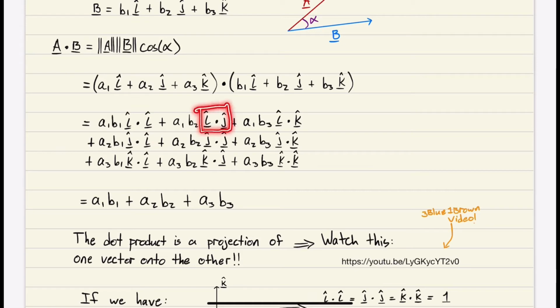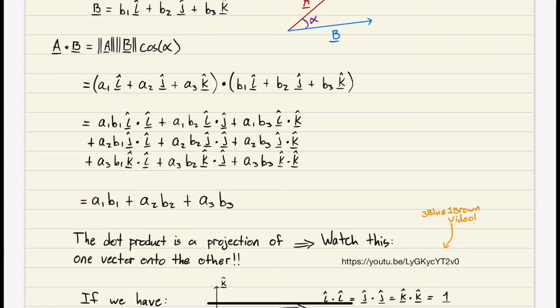I hat dotted with J hat, well, I and J are normal to each other, right? They form a right angle with respect to each other, so this whole term is going to be 0. I hat dotted with K hat, I and K are normal to each other, so this goes to 0, right? And if you go through this all, we'll end up with this term and this term, and that's what we have right here, A1B1 plus A2B2 plus A3B3.